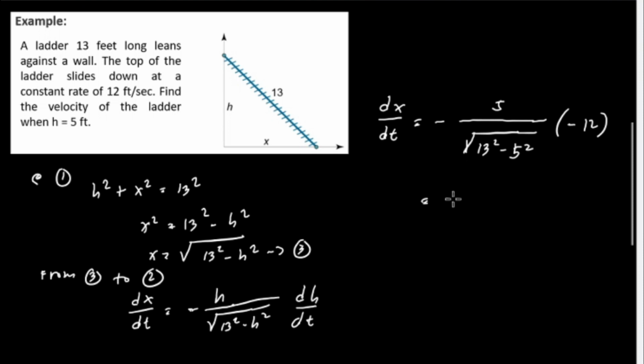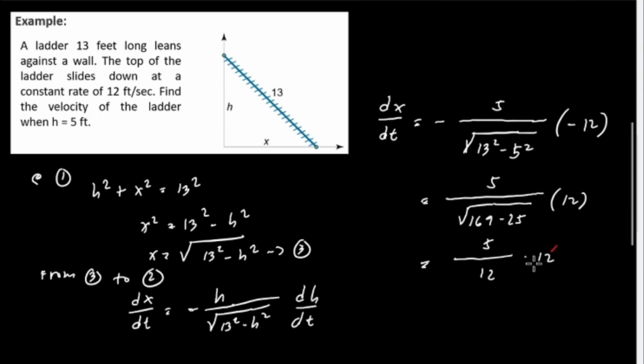So 5 times the square root of 13 squared minus 5 squared, which is the square root of 169 minus 25, and 12. We have 5 times the square root of 144, which is 12, multiplied by 12, and we cancel out 12.